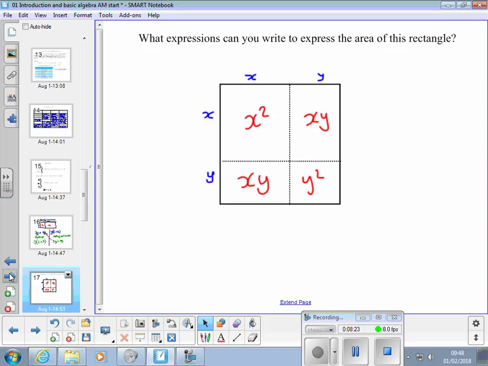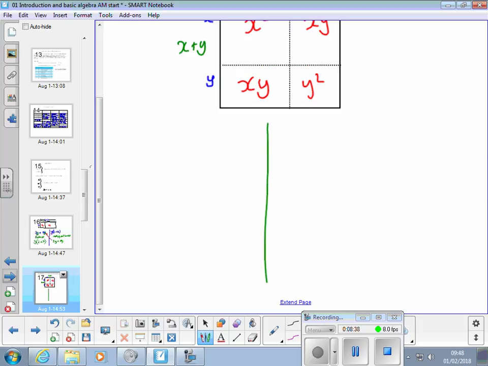Also, we could write, what's the length of this side? And this side. So we can have two complete expressions for the area of that rectangle.